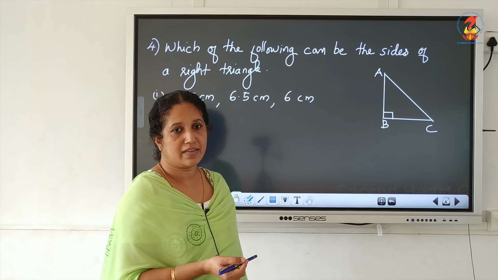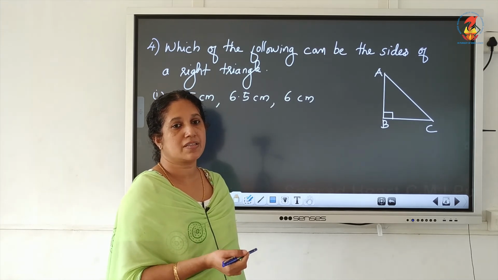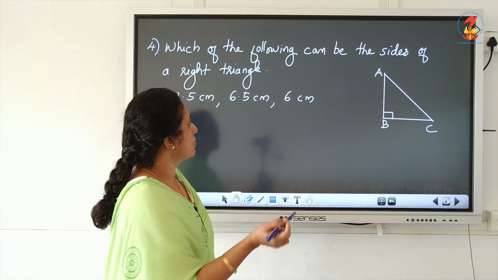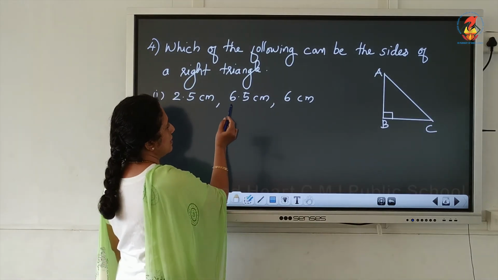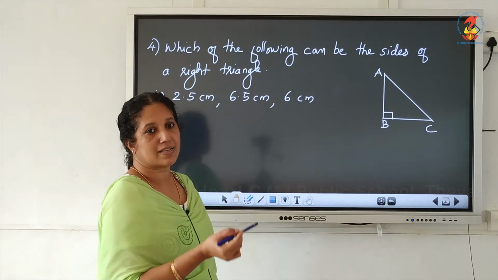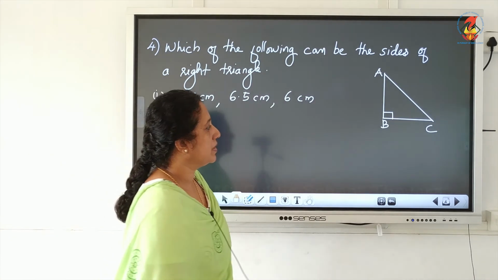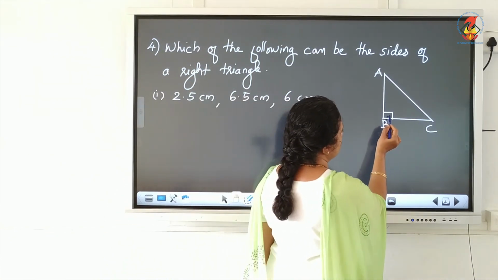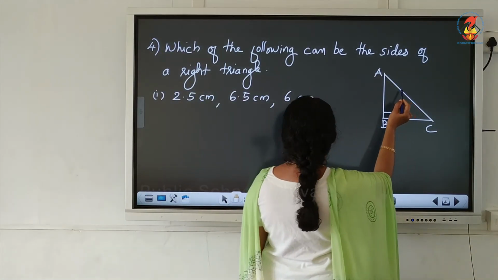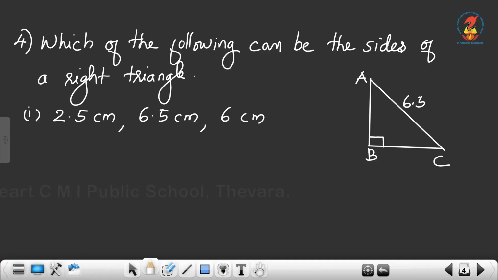In a right triangle, hypotenuse is the longest side. So the largest measure you can take as the length of the hypotenuse. The side opposite to 90 degree is the hypotenuse. So AC we can take as 6.5 centimeter. Then the other two sides, one of them you can take as 2.5 centimeter and the other one 6 centimeter.